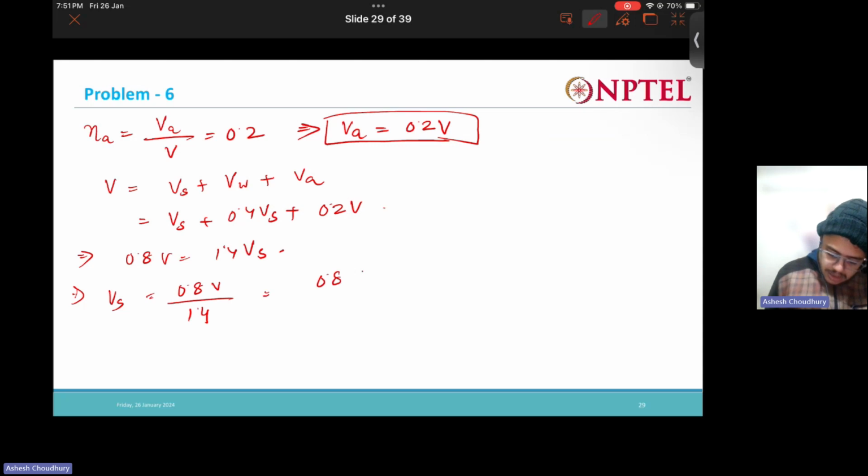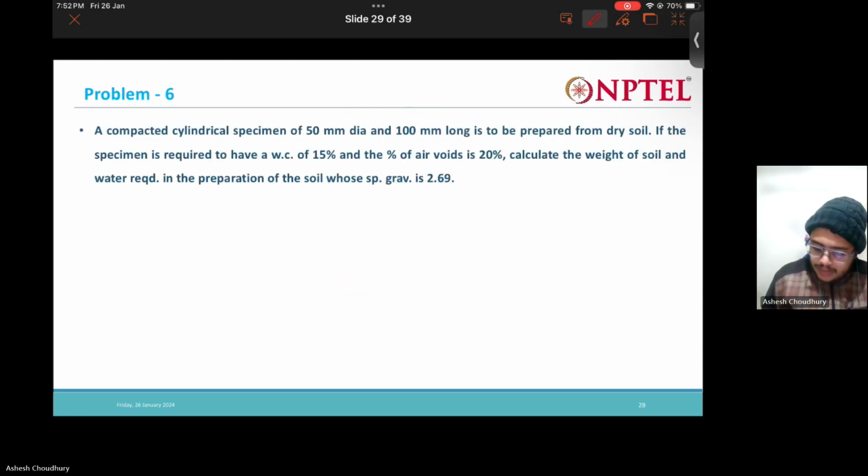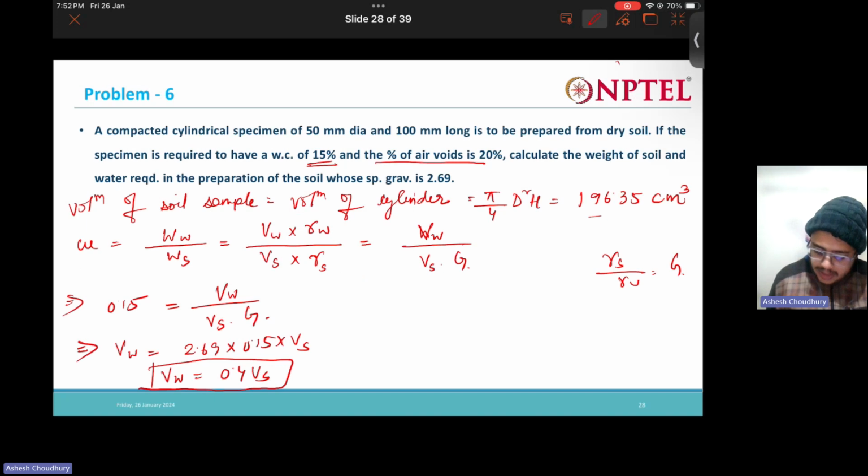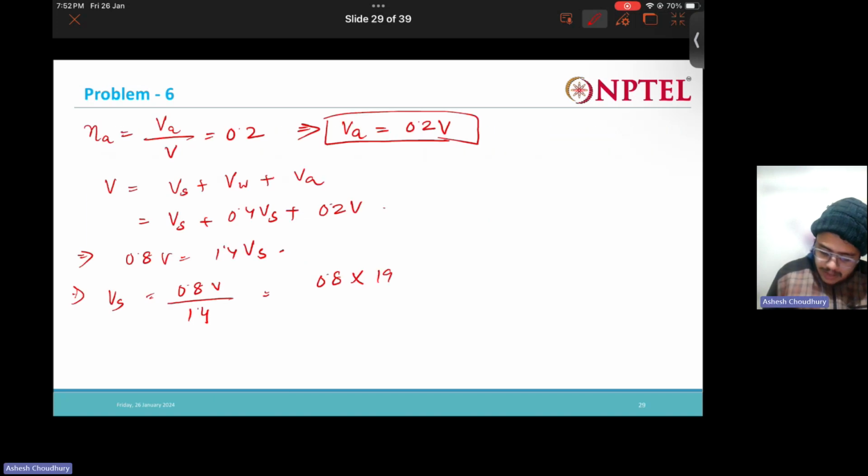So 0.8 into the total volume, 196.35, centimeter cube.